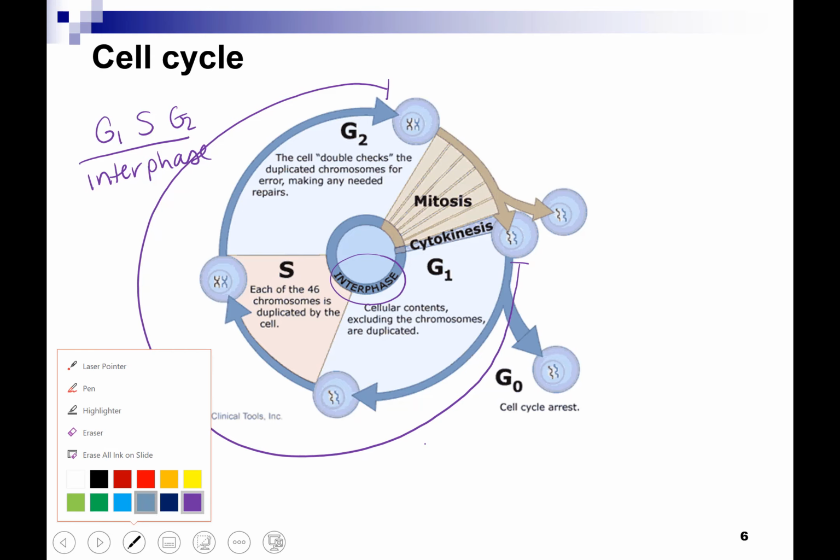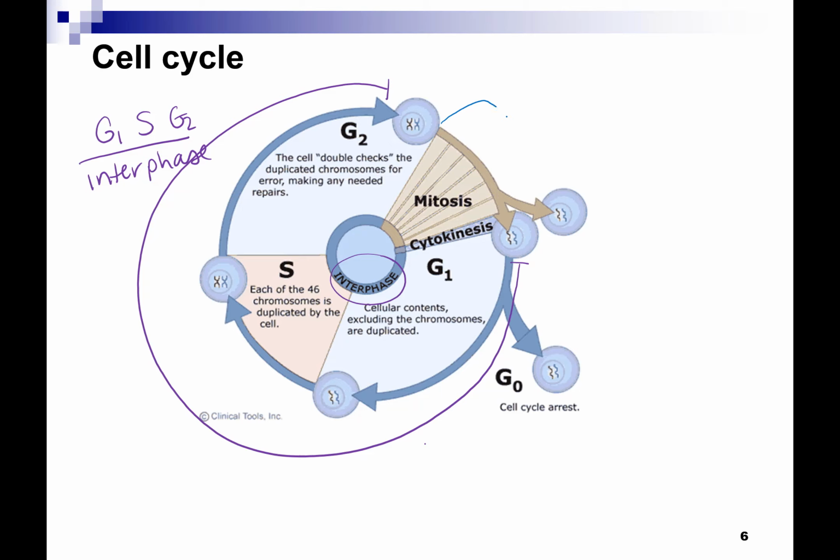There's another phase of the cell cycle, and that goes from here to here, and that's called M phase. And M phase includes mitosis, which is what we're going to talk about, and cytokinesis. So mitosis is separate from cytokinesis.